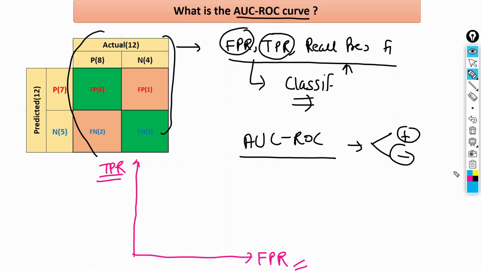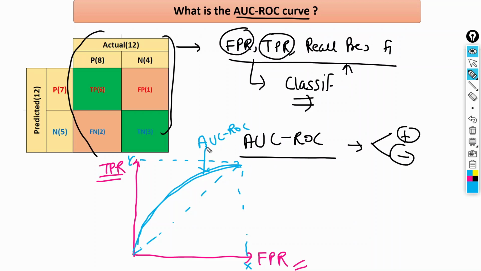How can we do that? On the x-axis I use the false positive rate, on the y-axis I use the true positive rate, and the graph would be like this. So this will be your graph. This is your AUC ROC curve. AUC means area under the curve, and ROC means receiver operating characteristics curve.